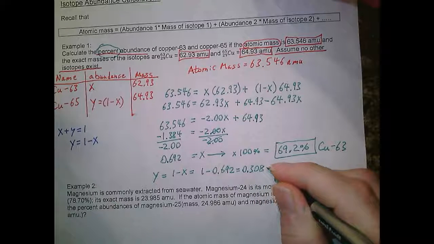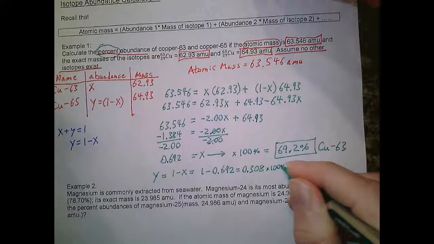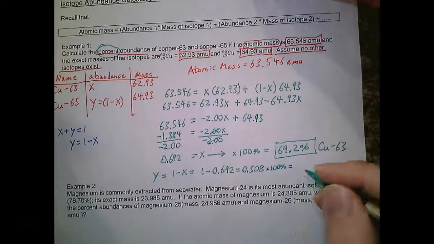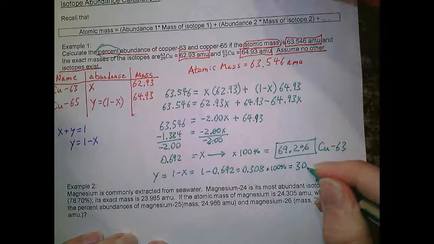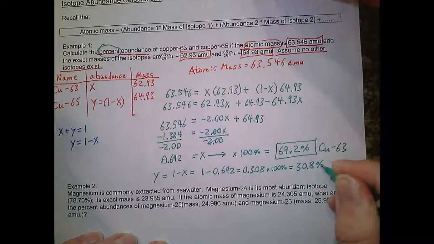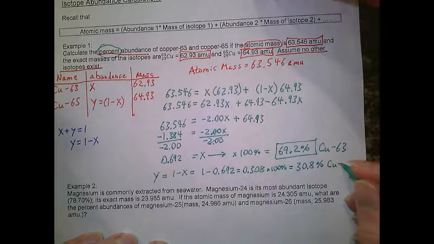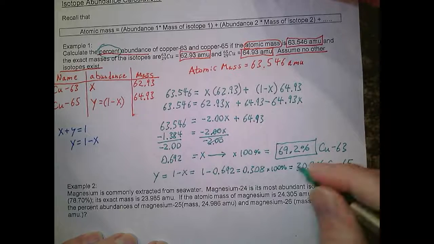And now we need to multiply that by 100. You end up with 30.8%. And that is copper 65.